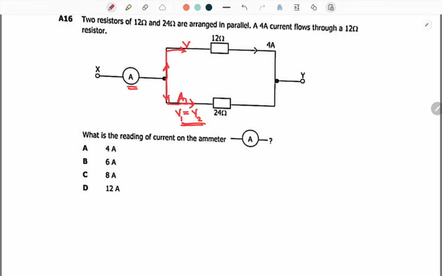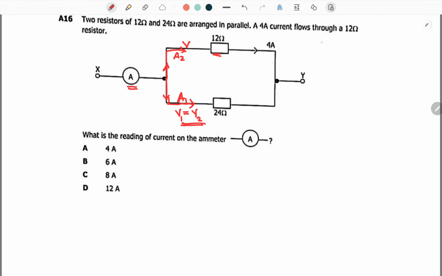Current 1 and current 2 are going to be different. So we can use this to be able to calculate the current.